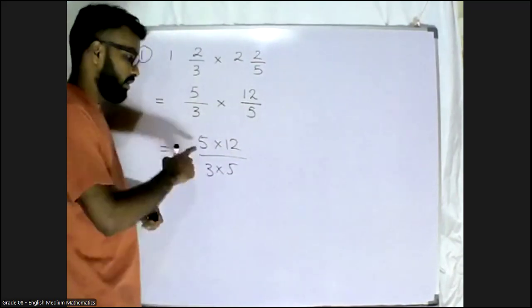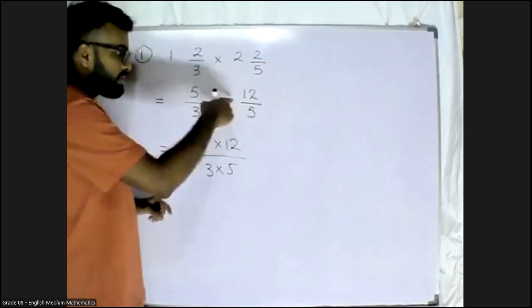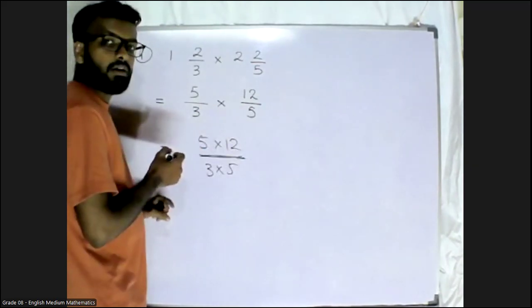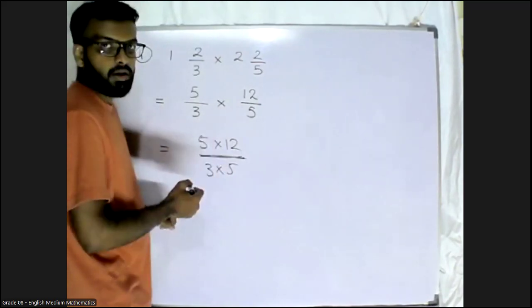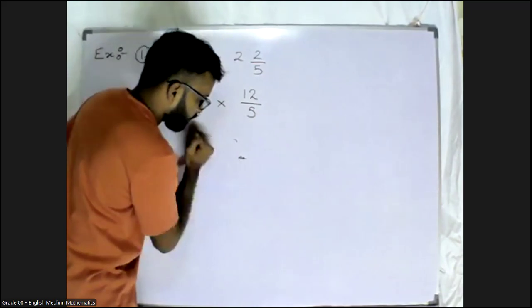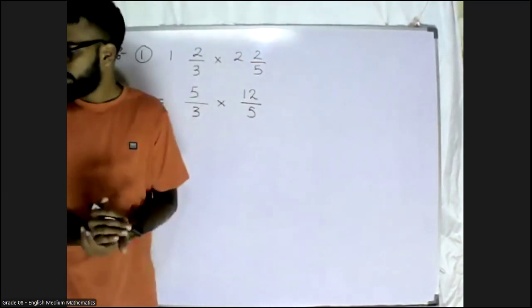If you want, you can simplify it here, or you can take this under a single division line, right? So I am not going to do this one now. I am going to simplify it here, right?